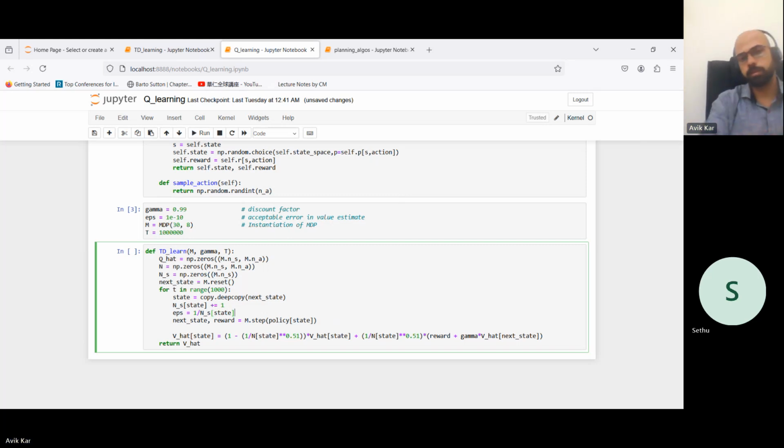If a state is visited very often, then it's expected that all the actions are explored enough number of times, and hence we have a very good estimate of the Q function. Let's also take some power of it, say 0.5.